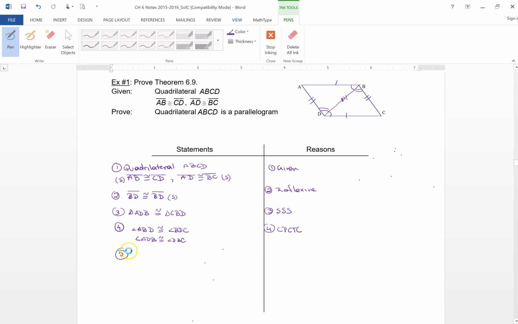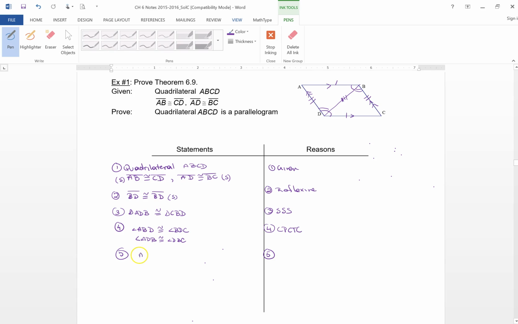Next, what I have here is that alternate interior angles are congruent. That means that these two sides are parallel. So when these two are congruent, it means the top and bottom are parallel. When these two are congruent, it means the sides are parallel.